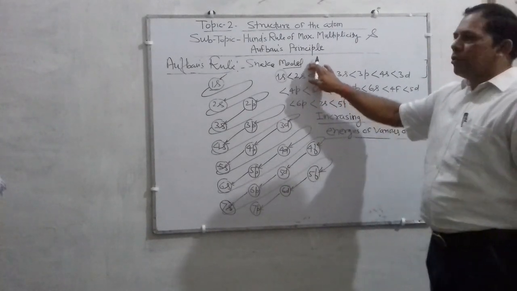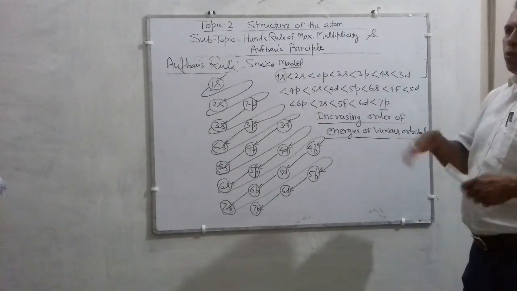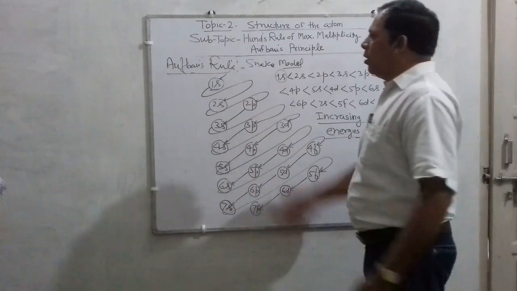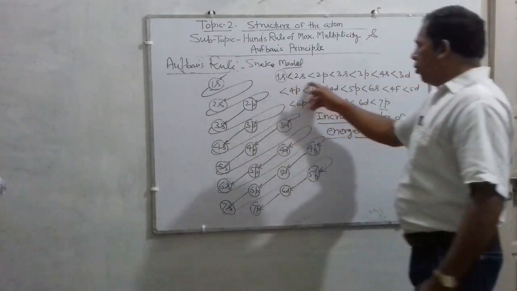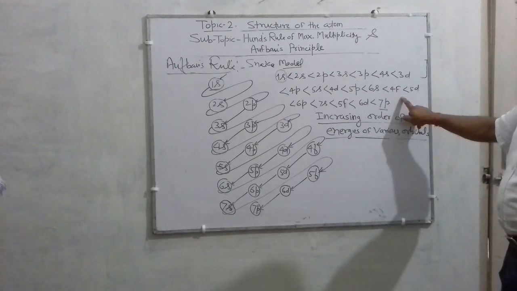Okay, children? So this is all about the Aufbau rule, and you have to write many electronic configurations based on this principle, following this sequence of filling of electrons.